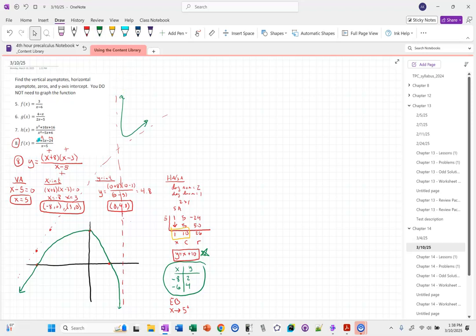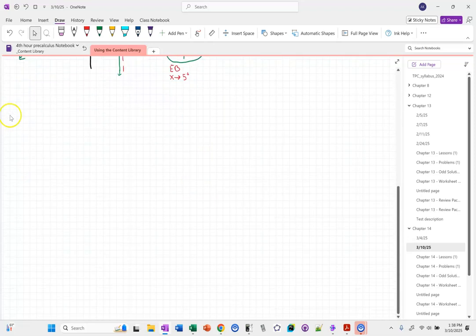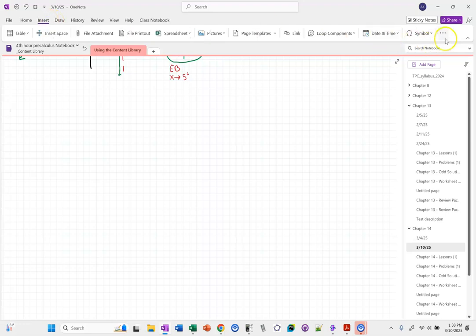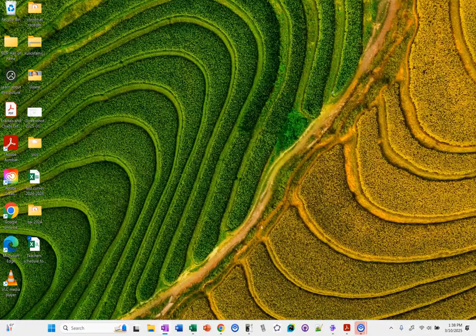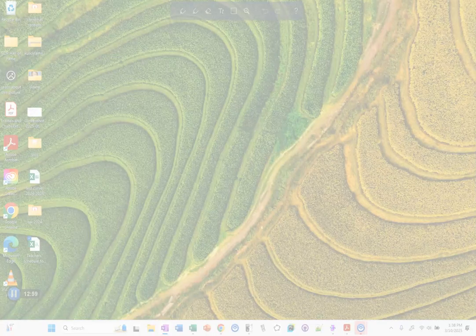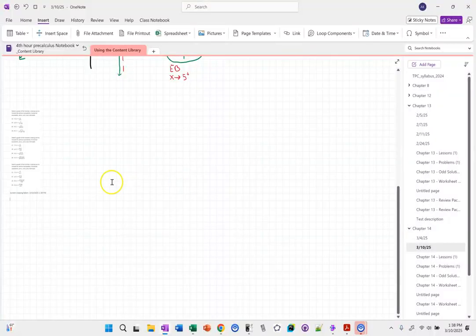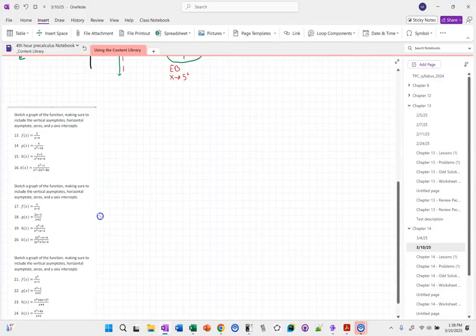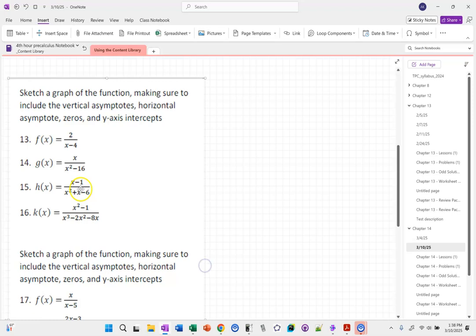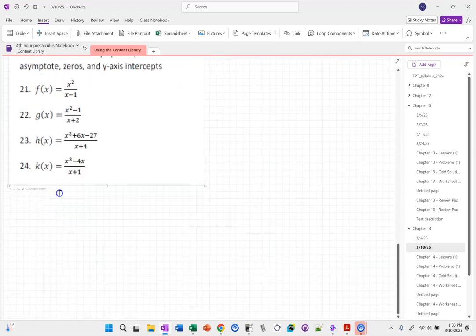Okay. I'm going to grab the 13 through 24 and drop that in, and I'll let somebody pick their favorite number. We'll just do that one. This will be part of tonight's homework set.